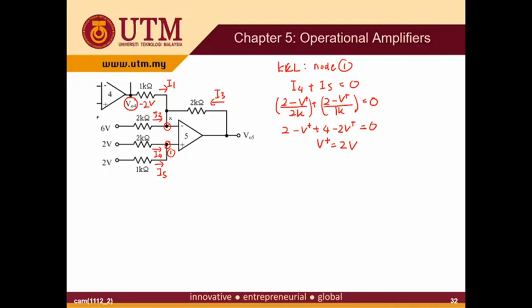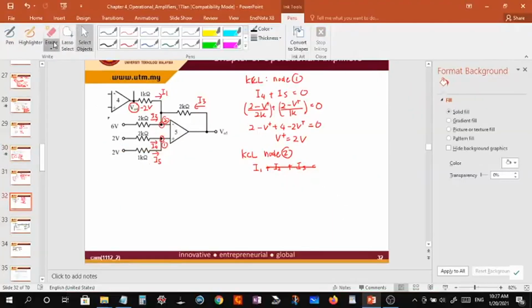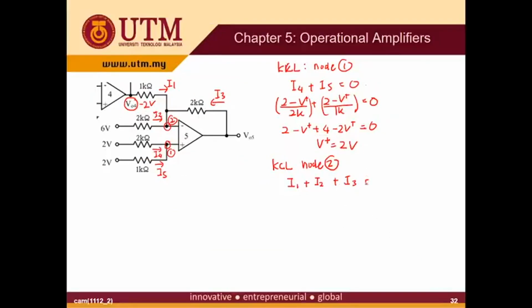So next you do the node number 2, KCL node 2. So this is I1, I2 and I3 all entering the node. So I1 plus I2 plus I3 equal to 0. I1 is minus 2 minus V minus over 1k.